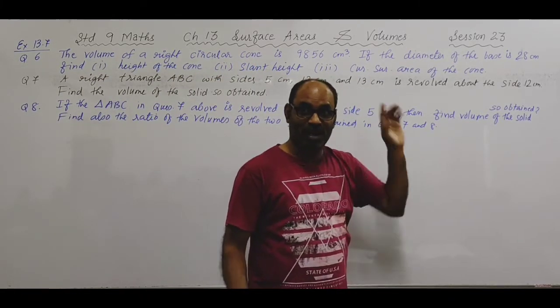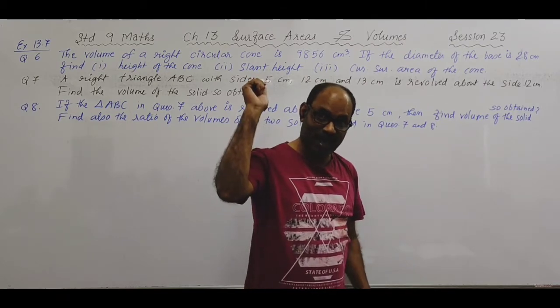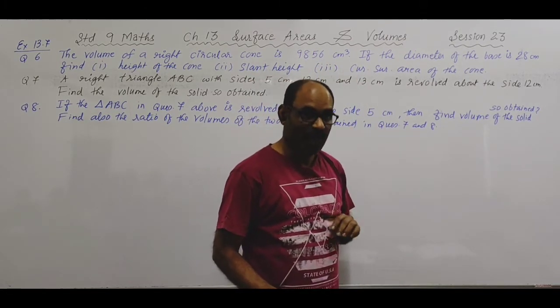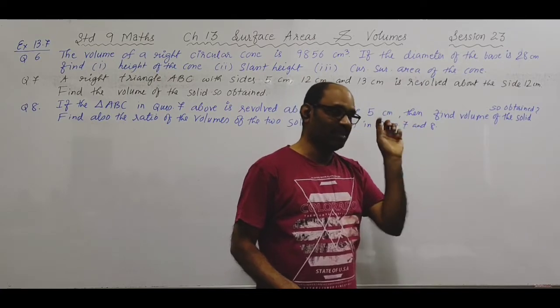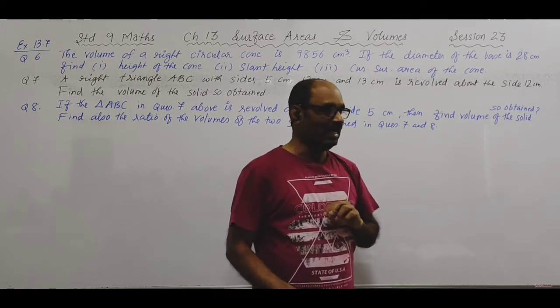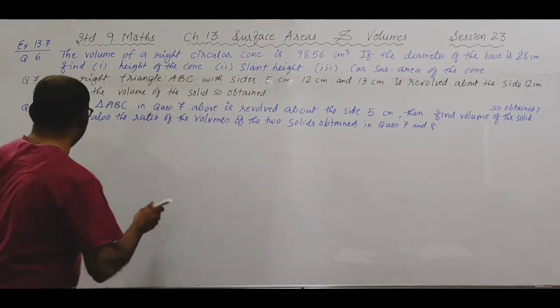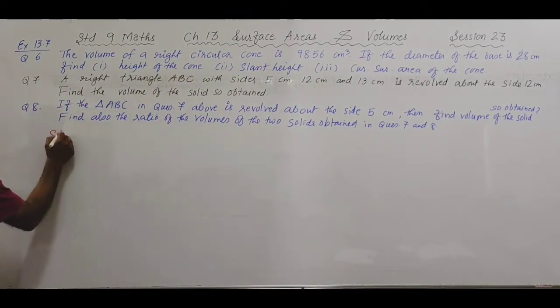You should remember the formula. Volume is already given. So we are supposed to find 3 things: h, L, and curved surface area. Should we start? Solution number 6.